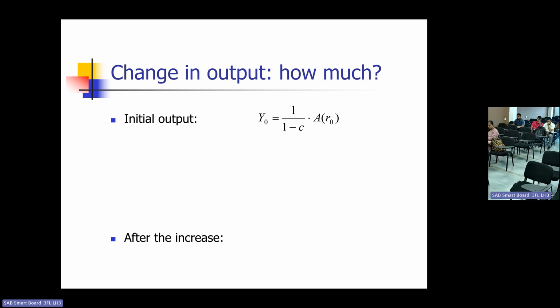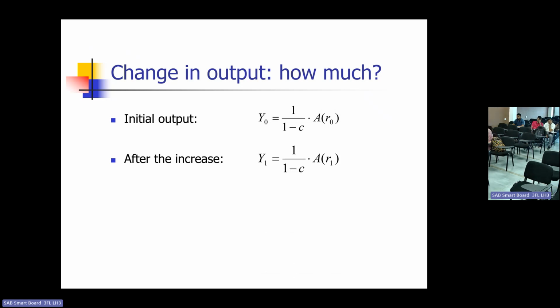Now if there is a change, we know that one important component of autonomous expenditure is private investment, which can change. We assume it will change by delta I, and according to that, income also changes by a particular amount. So income changes from Y0 to Y1 as a result of the change in autonomous investment.